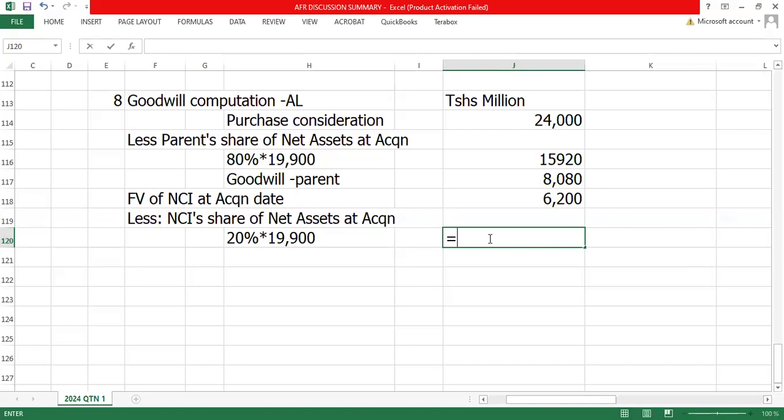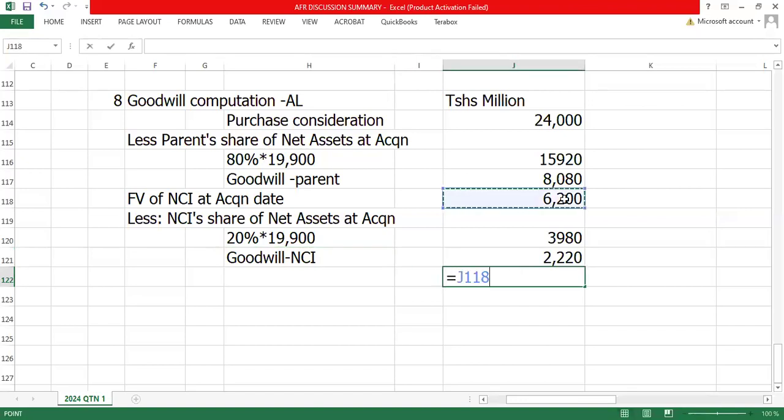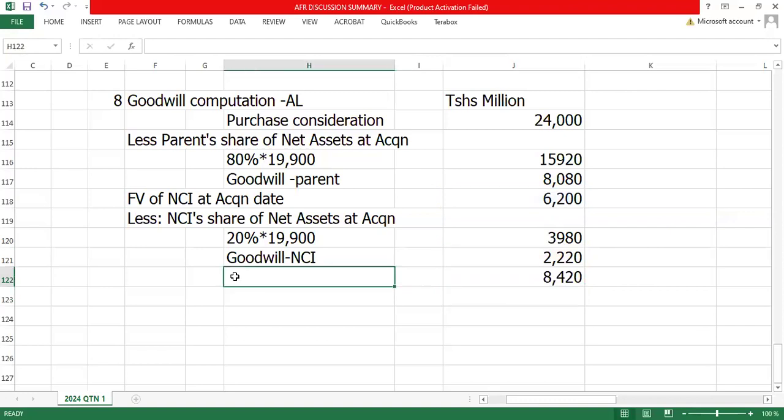And what do you get? So NCI's goodwill is this. It is still also positive. So goodwill of the NCI is that one. Then total goodwill is this one plus this one. That is the total goodwill.